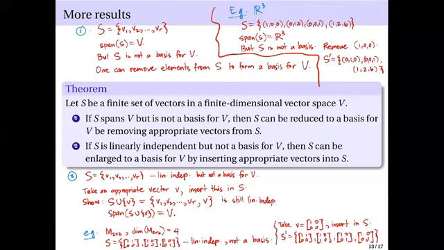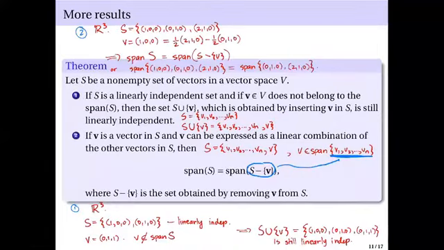Okay? Or maybe you look at the previous theorem that we had in here. I think it's this one here. You got a set S and V is in S, and V can be expressed as a linear combination of the other vectors in S. So the span of S is equal to the span of S minus V. Okay?